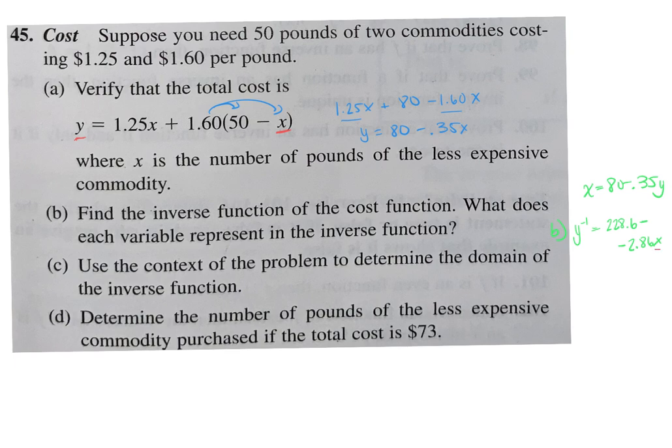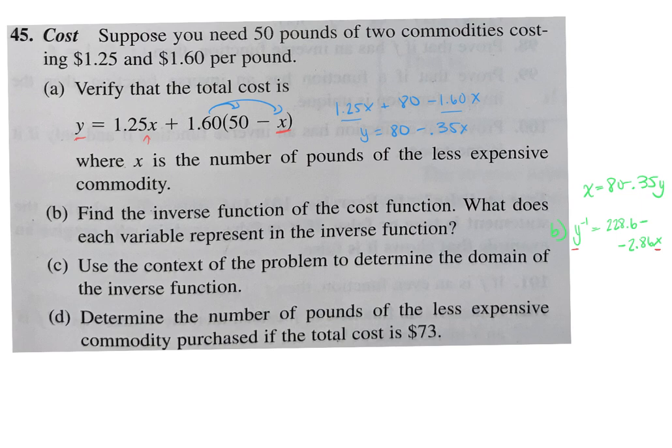So my X now represents my cost and my Y represents how many pounds of this first guy I bought, okay? When you do an inverse, what they represent flip-flops as well. If my initial input was pounds and my output was cost, then it's going to flip-flop on my inverse. Now my input is cost and my output is pounds, okay? Make sense?